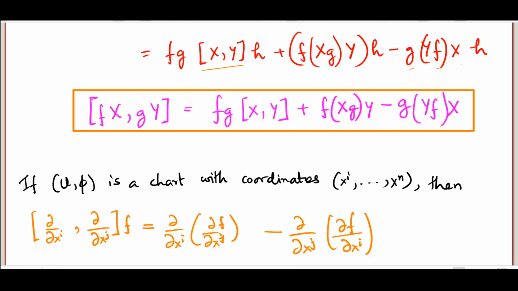Then the important thing would be that every vector field, capital X, capital Y, etc., can be written down in terms of these vector fields del xi, where i runs from 1 to n.